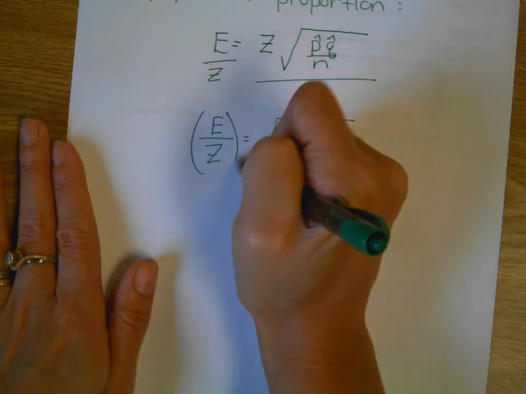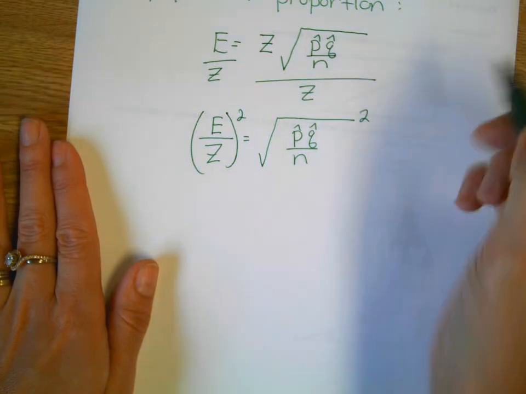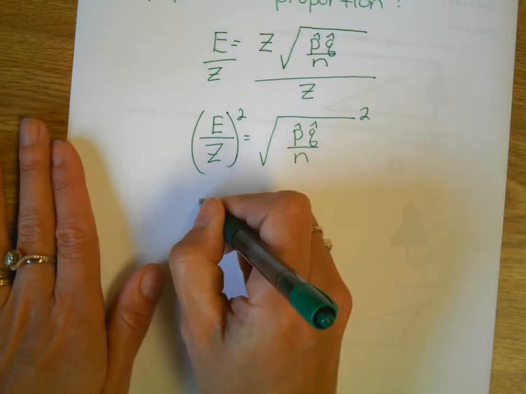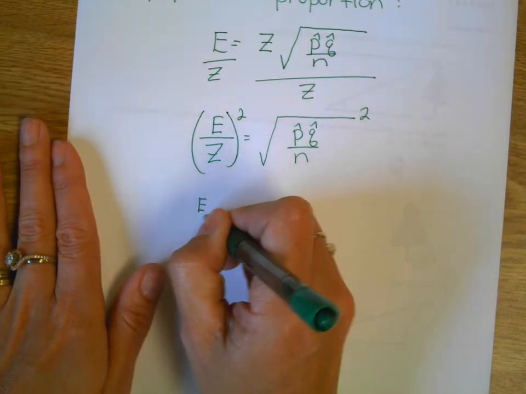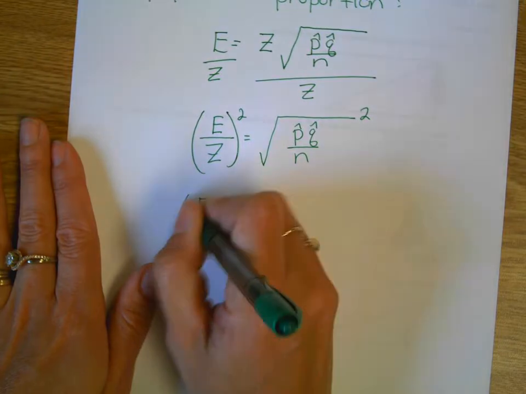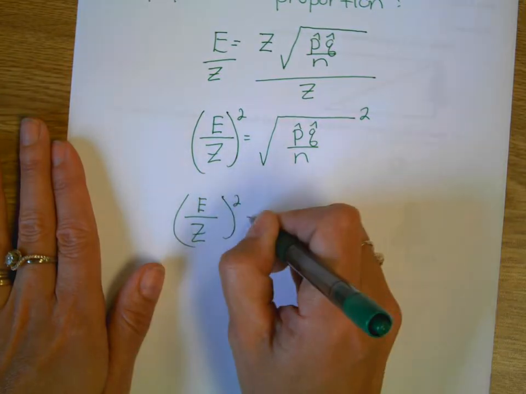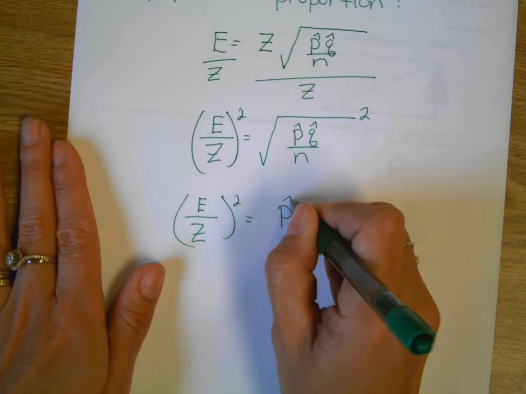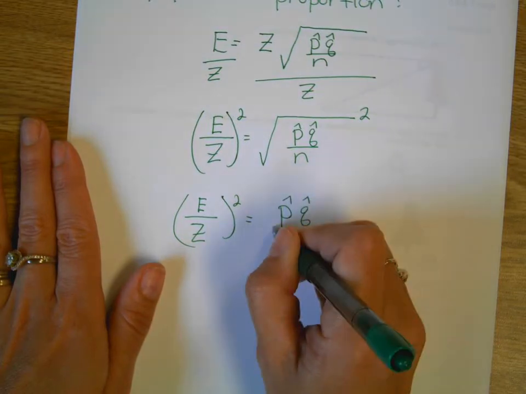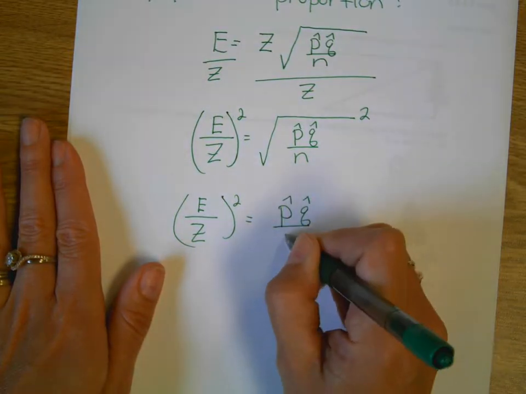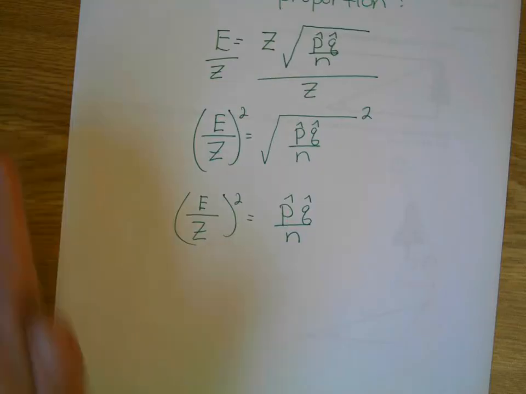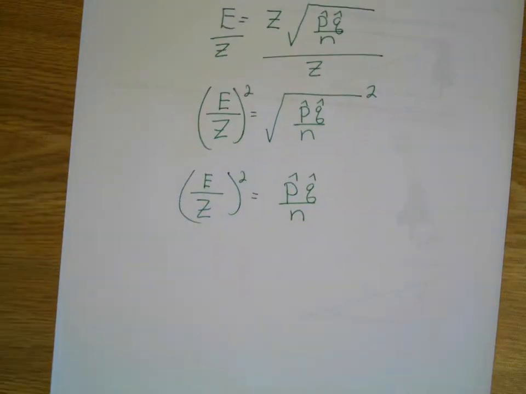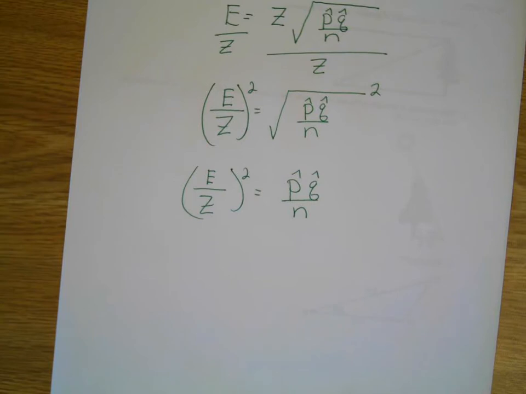So you've got this fraction squared. So we will have E over z squared. Now what?